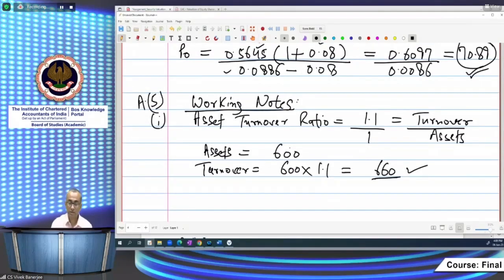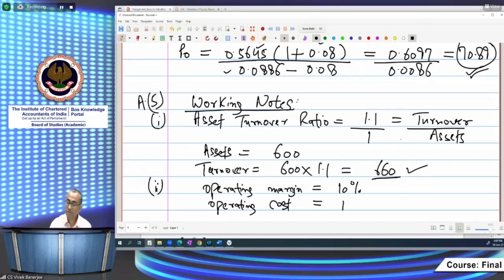Now the second part. Second working note is with regard to calculation of the operating margin. Okay, operating margin is 10%. It is given in the question. So operating cost will be 100 minus 10, that it will be 90%.